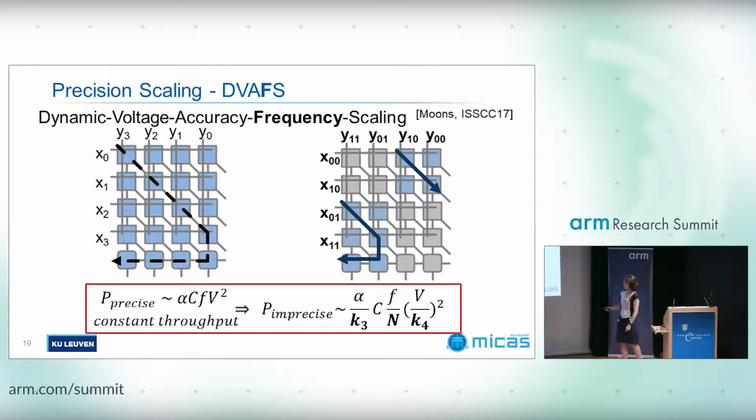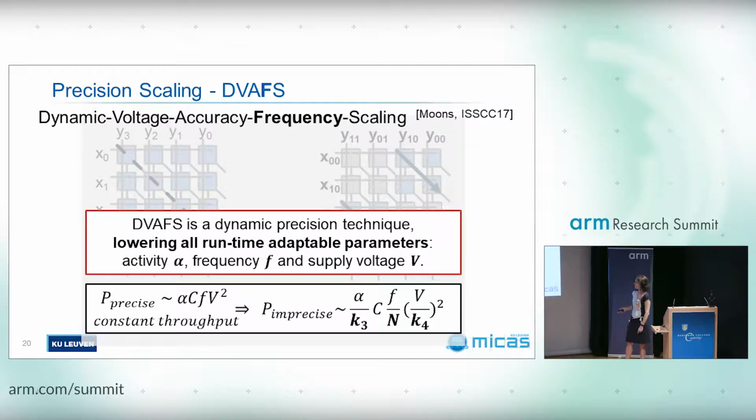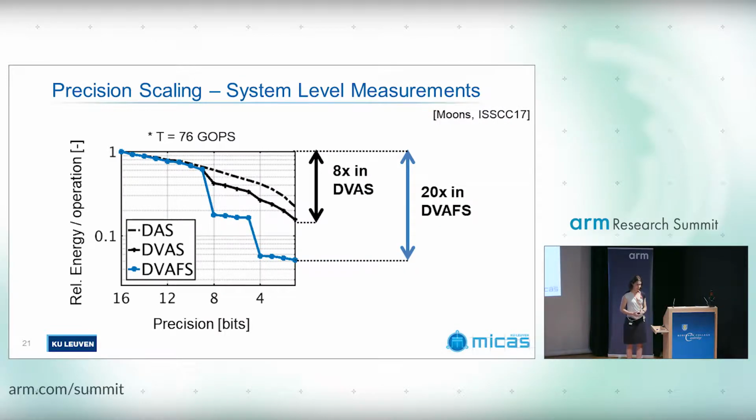So you see that through many different mechanisms, kind of touching upon all the different aspects of the power consumption formula, you can scale the power consumption of your multiply accumulate block in function of the precision you need. We built this into the processor and did some system-level measurements of the chip in the lab.